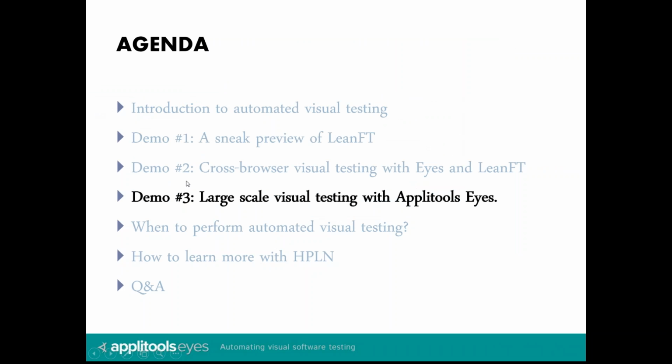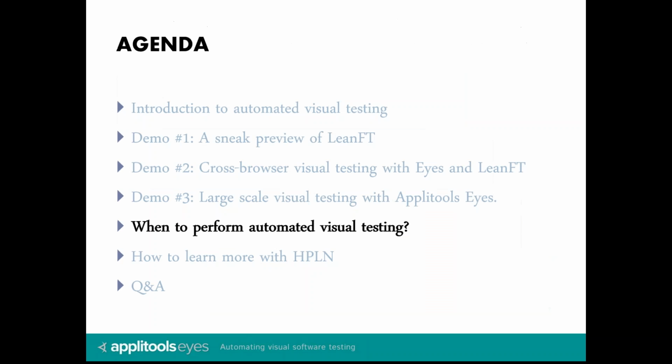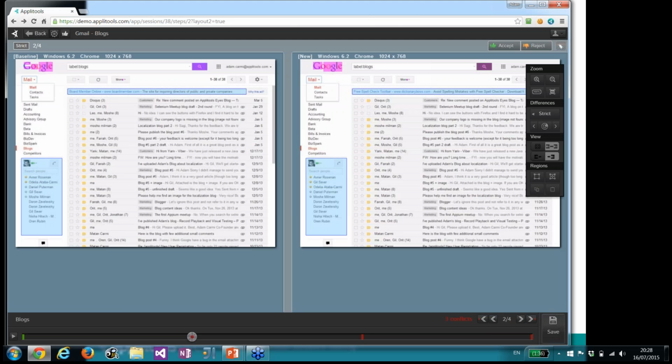Okay, so in Joe's demo, Joe focused on the first two steps of the workflow. Let's take a closer look at how you can view and analyze test results and how you update your baselines. Right now on my screen, you can see the results of running a visual test on my Gmail account.